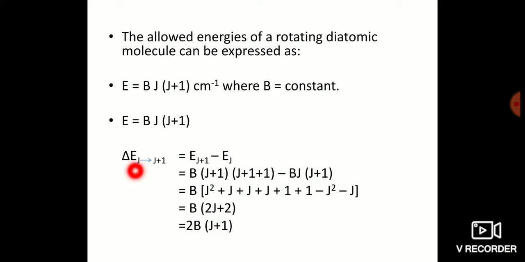Let us consider a transition from J to J plus 1. We will consider the energy change E(J plus 1) minus E(J). We have to consider this formula B J (J plus 1) for both J and J plus 1. So when we open this equation, we get delta E from J to J plus 1 is equal to 2B (J plus 1), right?